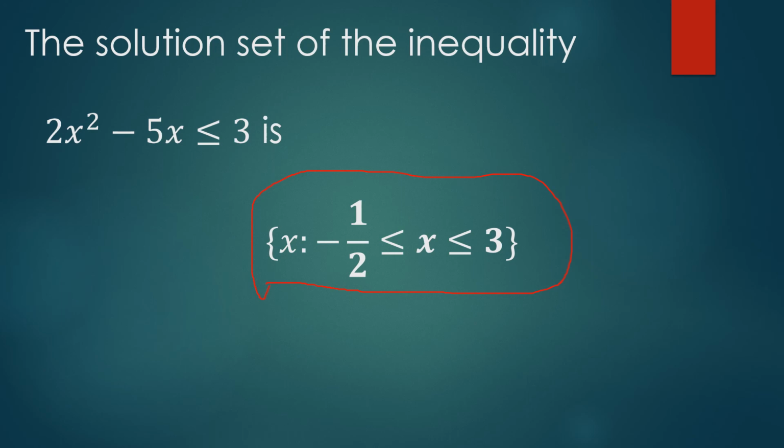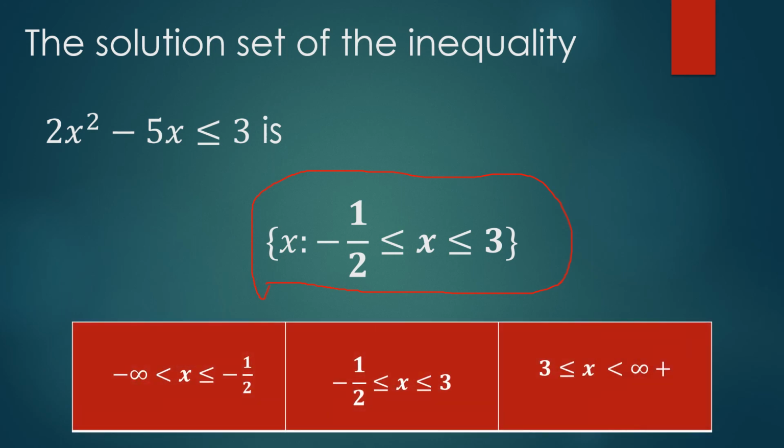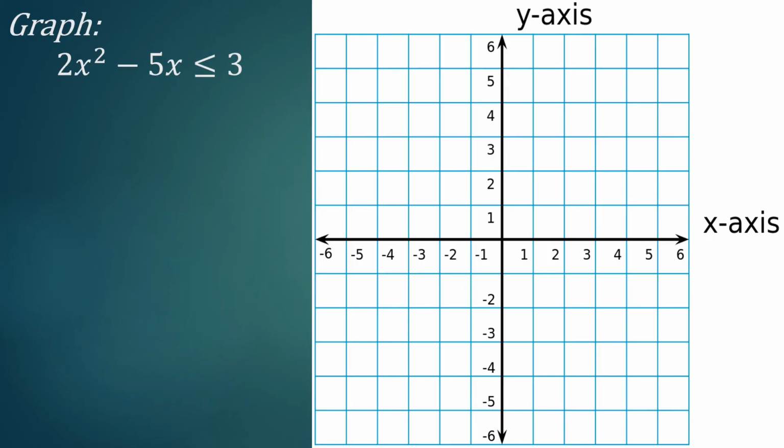So, nakaset yan. Lahat ng number na nasa loob niyan, yan yung set of answers mo para sa inequality. Ito yung interval kanina. Yung dalawang nasa gilid, hindi yan yung sagot. Yung nasa gitna.